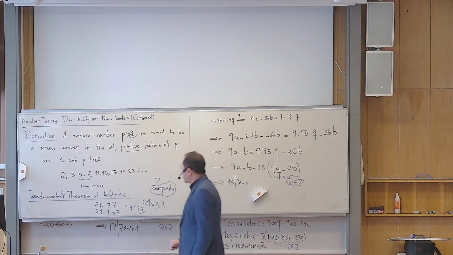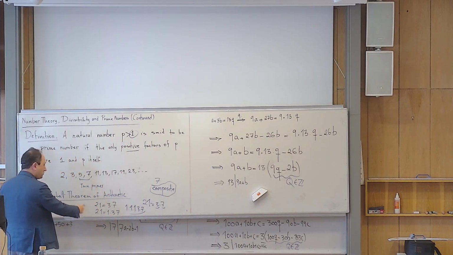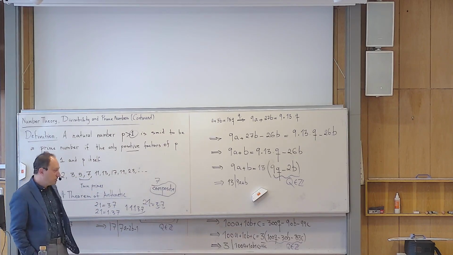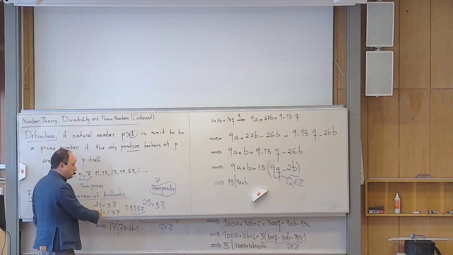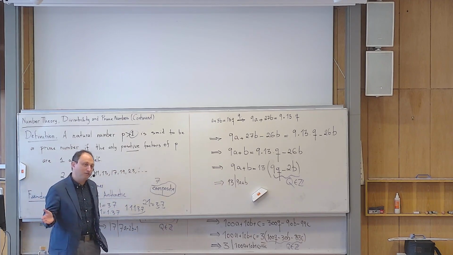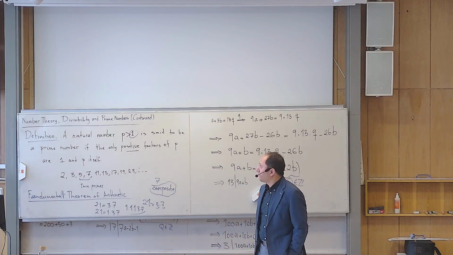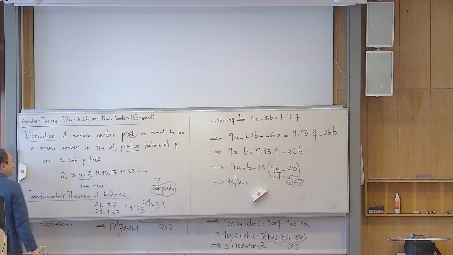If someone asks you why 1 is excluded, now you can answer: because you want to keep the uniqueness part of the fundamental theorem. Nothing will be gained by making 1 a prime number; you will lose the content of the factorization. It is better to consider something unique.